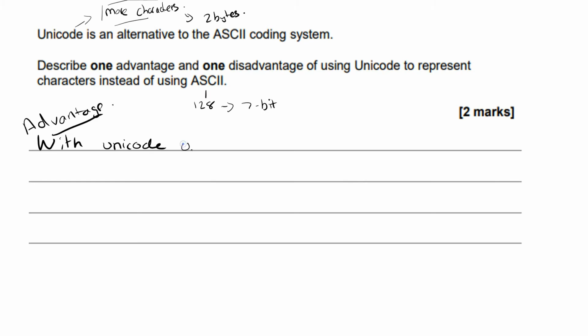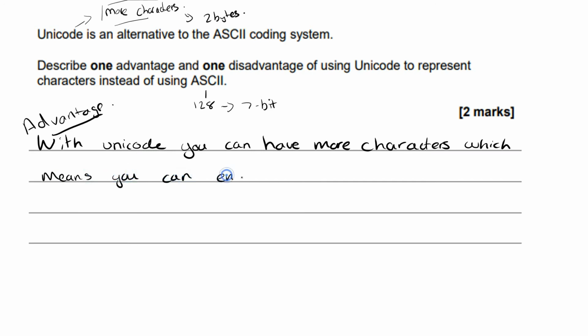So with Unicode, you can have more characters, which means you can encode more languages.